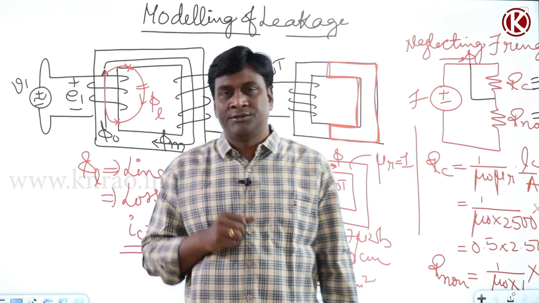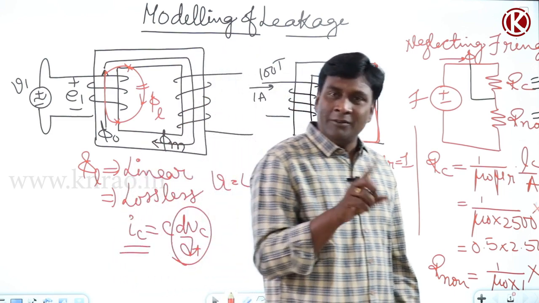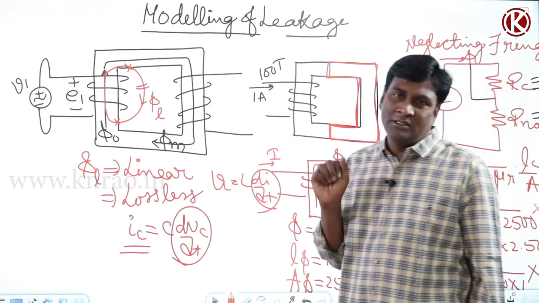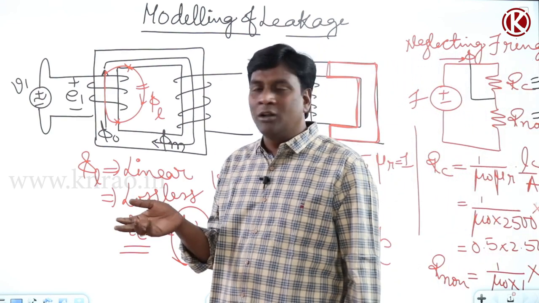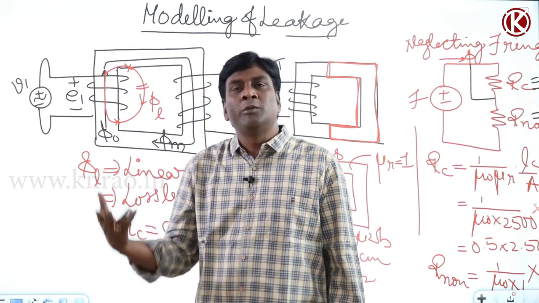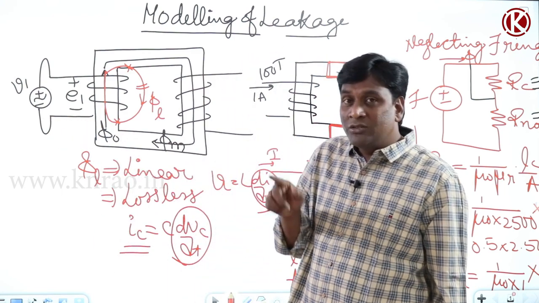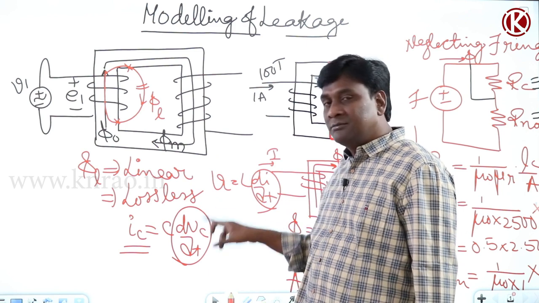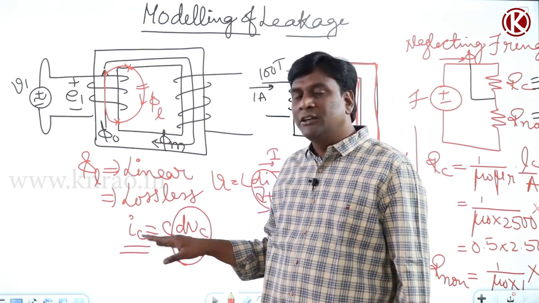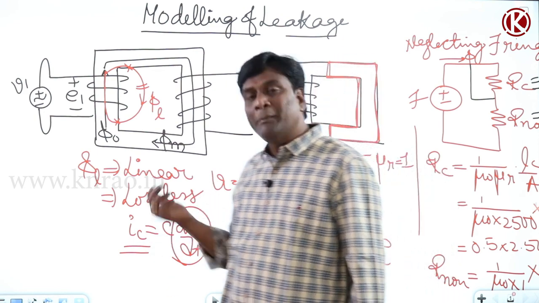So it is going to be lossless. The moment it is lossless, we cannot model it with resistance. So we have only inductance and capacitance. With capacitance we cannot model, because because of magnetic flux I am getting induced voltage, so it should be modeled with inductance only. Because of variation of electrical flux, if you get current, it should be modeled with capacitance.